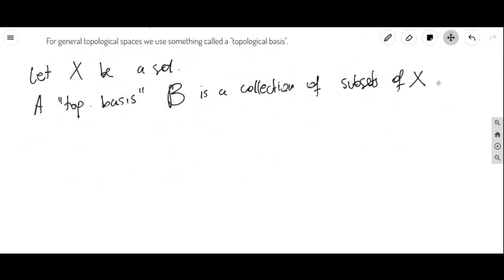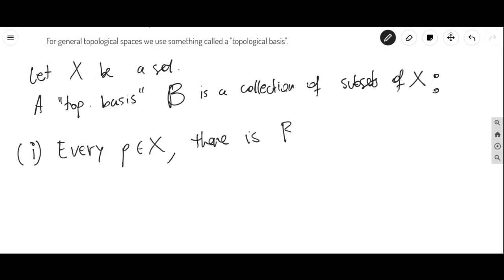So let X be a set, and script B is a collection of subsets of X with the following properties. First, for every P in X, there is something in the basis so that the point belongs to B.